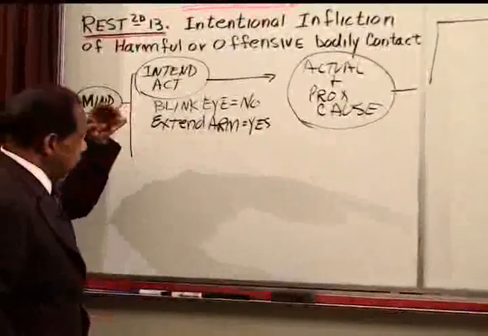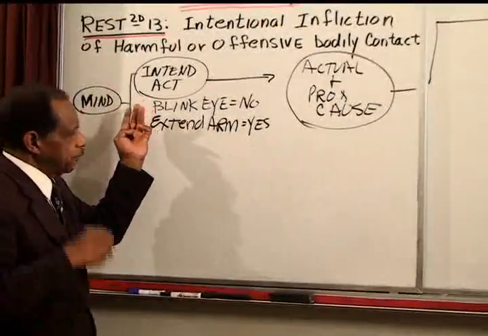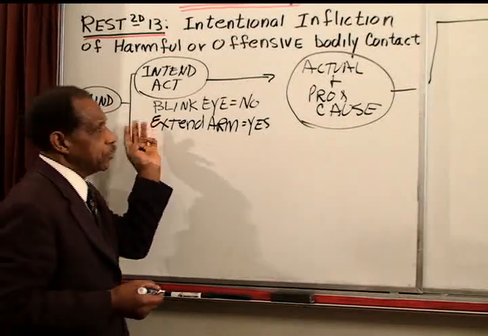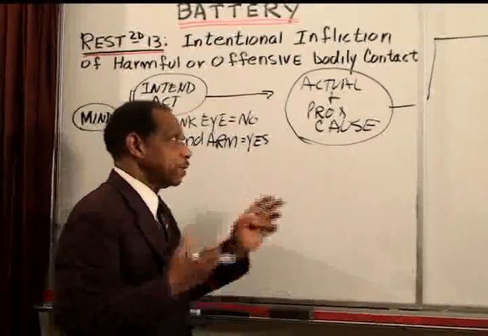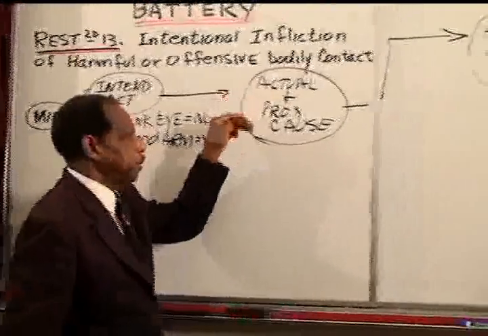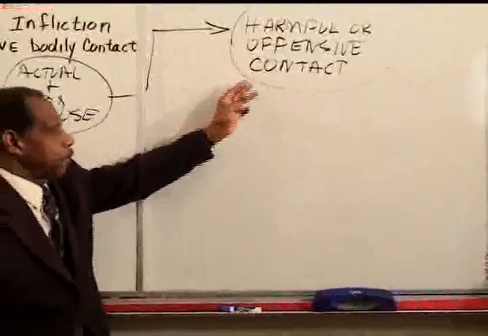So far what we have is that the mind must instruct a muscle. So you have a volitional act, instructing the muscle to do something, and whatever the muscle did must be the actual and proximate cause of the harmful or offensive contact.